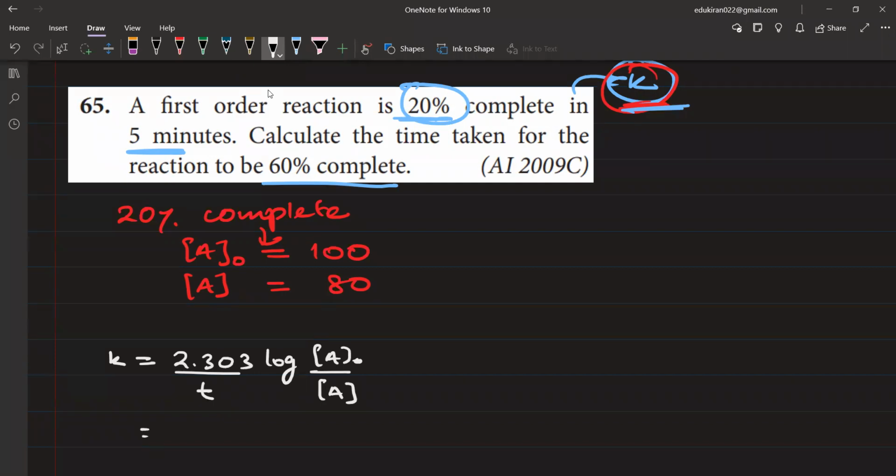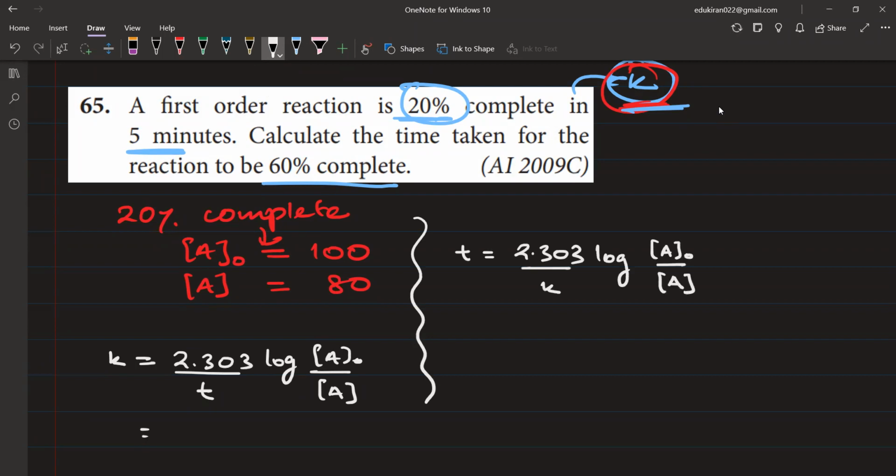Then further, you can calculate the time also, right? You'll get the same thing. Time is equal to 2.303 divided by K log of A naught upon A. Now here the same thing. Here it is 60% complete. So what will happen? This A naught will be same, but the A will be different here, and you will get the time. The K you are going to get from here.